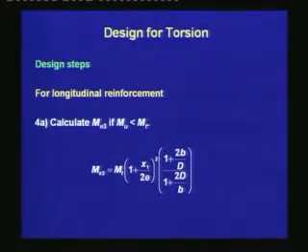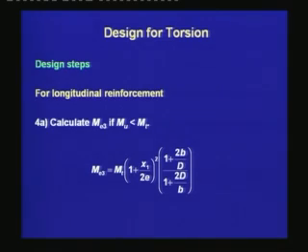The fourth step is to calculate the third equivalent moment Me3 for transverse bending if Mu is less than Mt. The expression of Me3 is given as follows: Mt times (1 plus x1 divided by 2e) whole square times (1 by 2b divided by d) whole divided by (1 plus 2d divided by b).